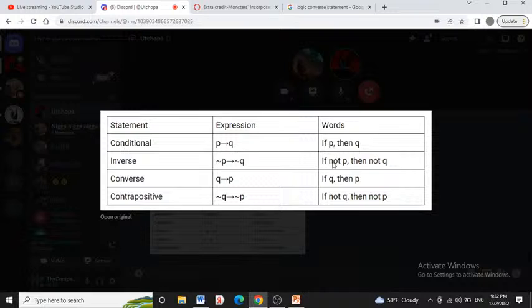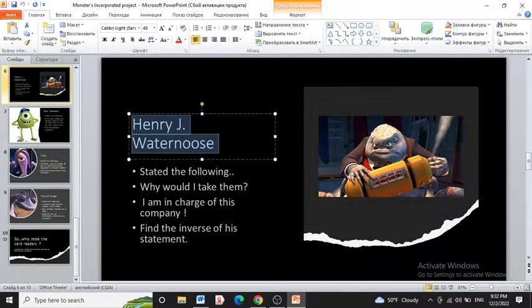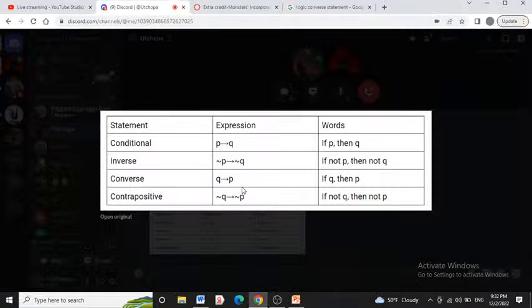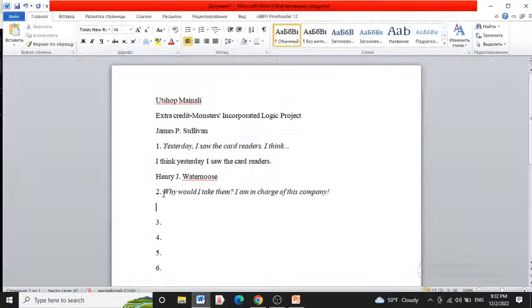If I don't this, then I don't that. So: why would I not take them? I am not in charge of this company. That's basically, we got to put a not in both of these.